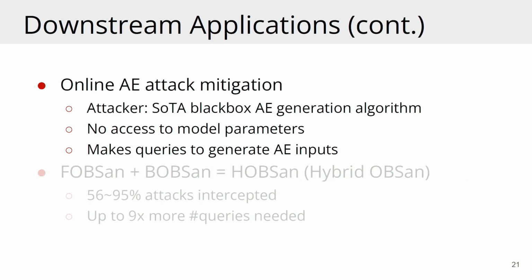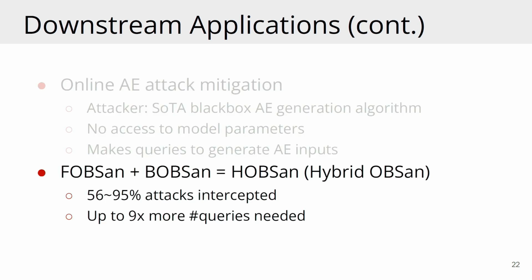Another downstream application we have is online AE attack mitigation. In this attack, we assume the attacker uses a state-of-the-art black box AE generation algorithm with no access to the model parameters. So to generate AE inputs, the attacker will need to send lots of queries to the model and then analyze the output of the model.